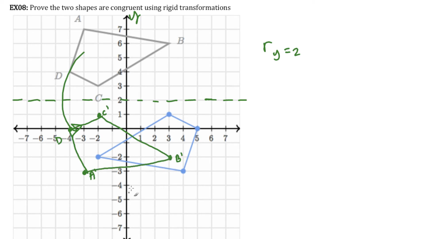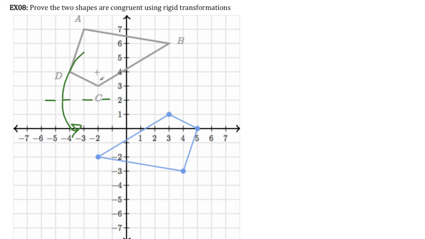Okay, I think I can flip this across. So 1, 2. 1, 2. Oh, that's not gonna work. So what I'm going to do is instead, I guess I might have to rotate this. I'm gonna have to go all the way back.